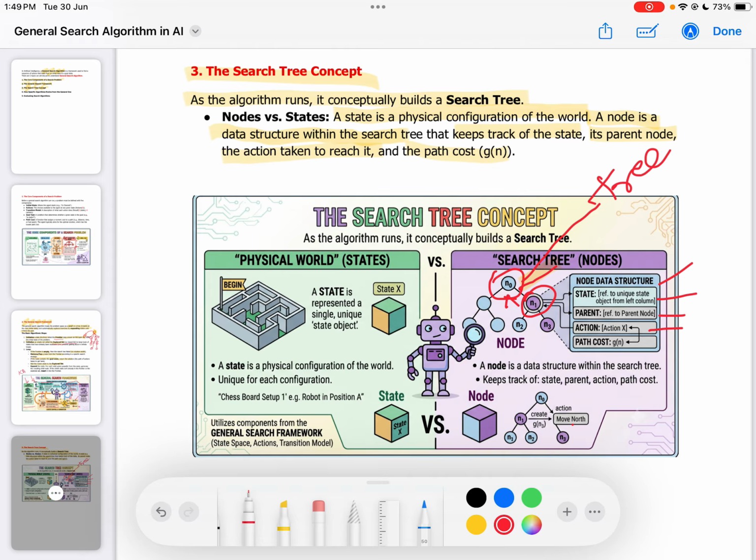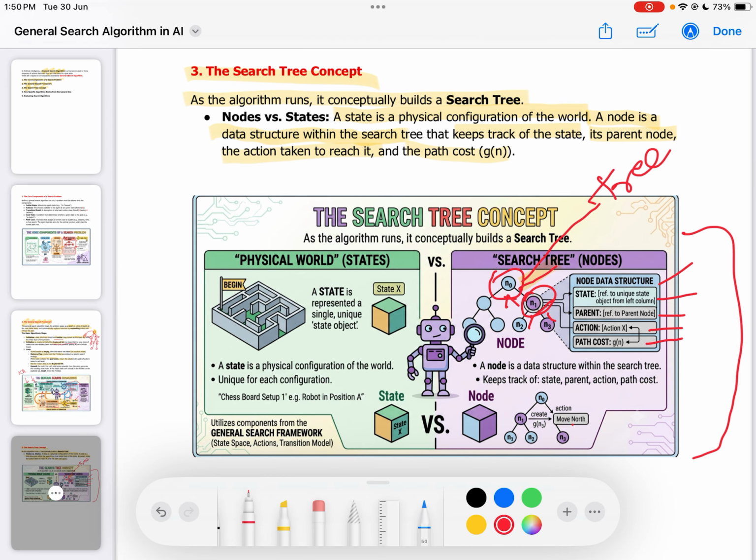Here, what are the actions in n1? What are the actions that can be taken? Either you can move to n2 or n3 and check if it is the final goal state. Okay, and all this involves the path cost. Okay, you understand how this data structure works.